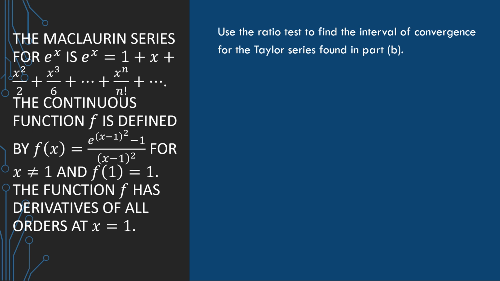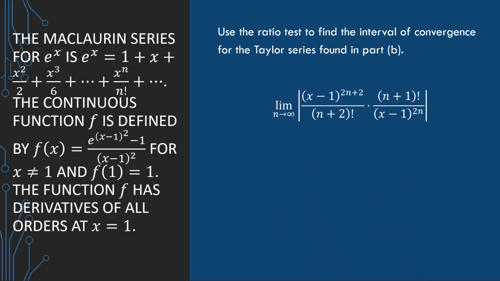All right, now we have to use the ratio test to find the interval of convergence. So again, I'm going to take that series that I found, add plus 1 to all my n's, and then multiply that by the reciprocal of my original series. From there, I clean it up a little bit, canceling out some of that factorial stuff.